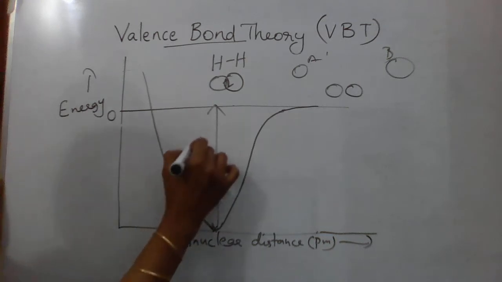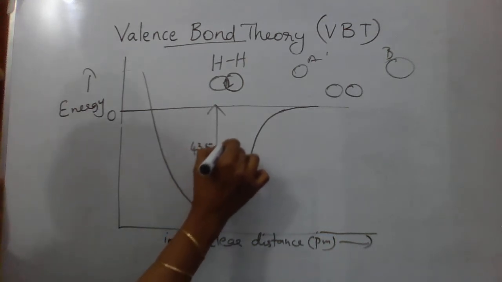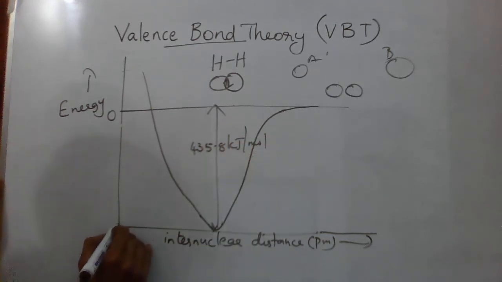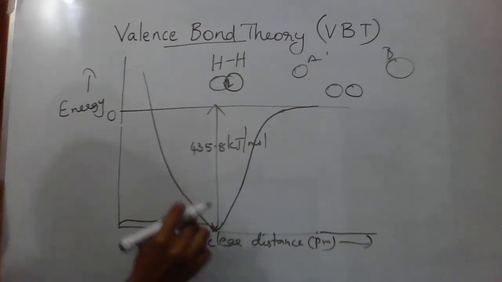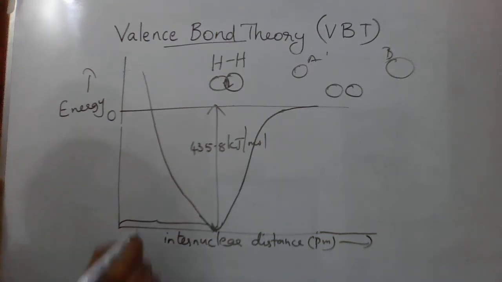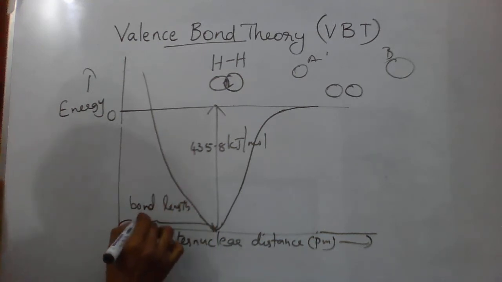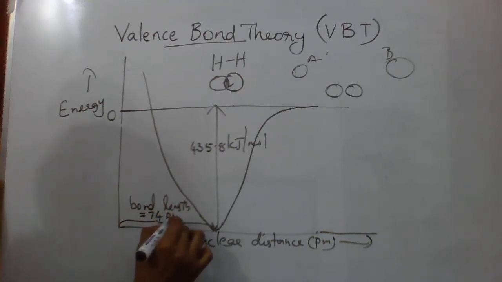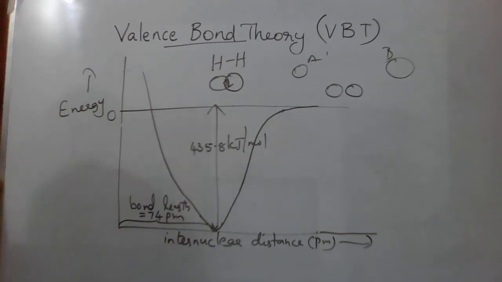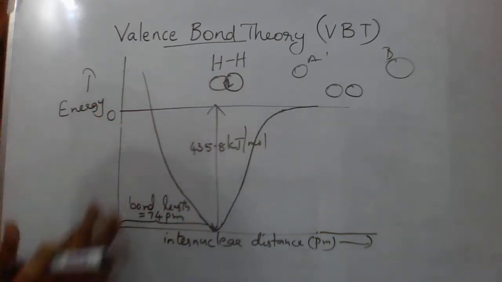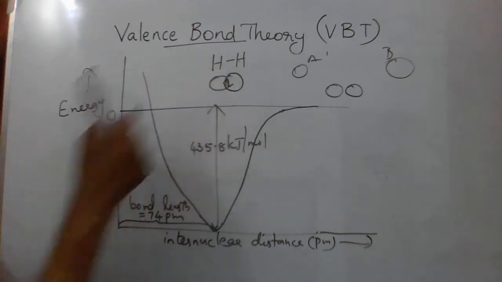This amount of energy is equal to 435.8 kilojoules per mole. And the internuclear distance between the two hydrogen atoms in the H2 molecule is called bond length, which is equal to 74 picometers. When the 1s atomic orbitals of two hydrogen atoms overlap one another, the H2 molecule is formed.